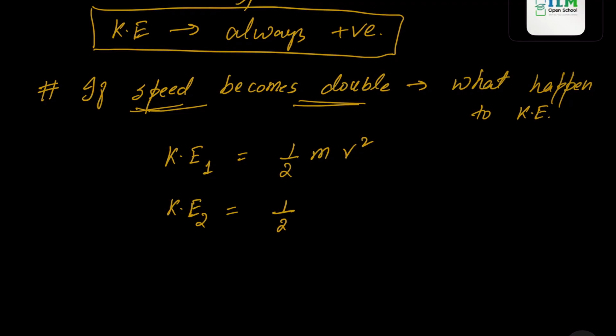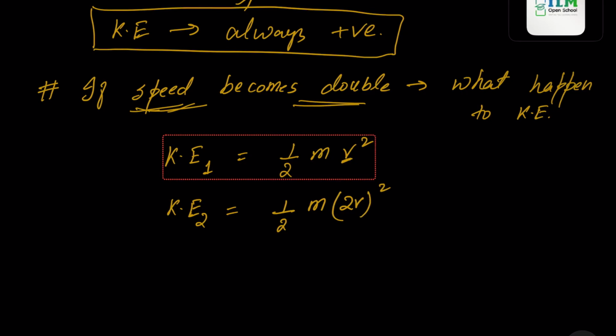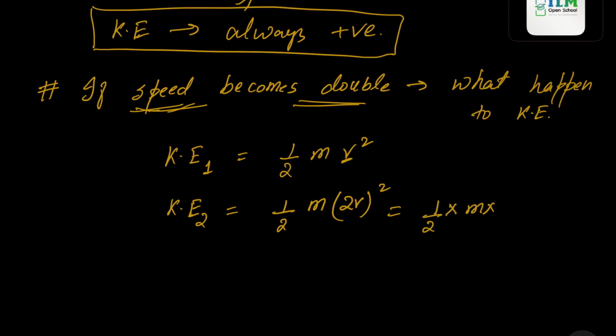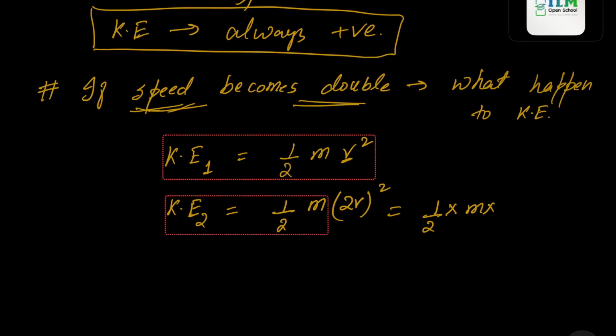Half is as always, and mass is not changing. The speed becomes 2v, and it's squared. So it becomes half into m into 2v squared, that is 4v squared.